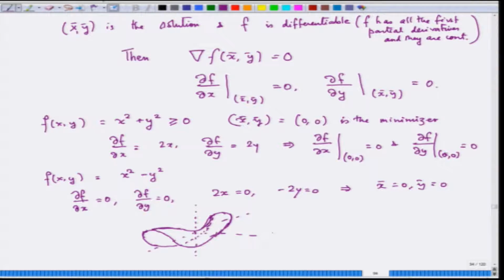So, this is called a saddle graph. This point 0 0 is minimizing the curve along the y axis, but maximizing the curve along the x axis. Such points are called saddle points, which may also occur sometimes. So, x bar y bar equal to 0 0 is not truly a minimizer, but it satisfies this condition of the gradient being equal to 0. So, this condition is only a necessary condition and not a sufficient condition.